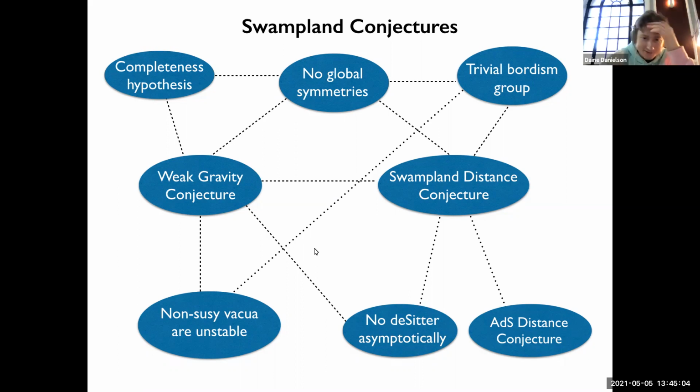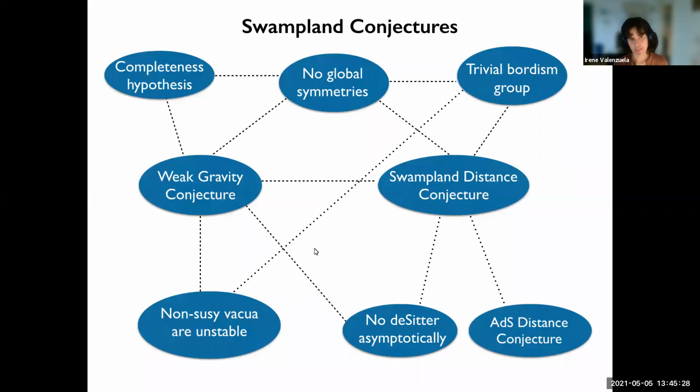I noticed "no de Sitter asymptotically." Are you going to speak, even briefly, on how you might reconcile that with the current observations? Sure, I put "asymptotically" for a reason, which will be clear: it doesn't forbid de Sitter everywhere in the moduli space.